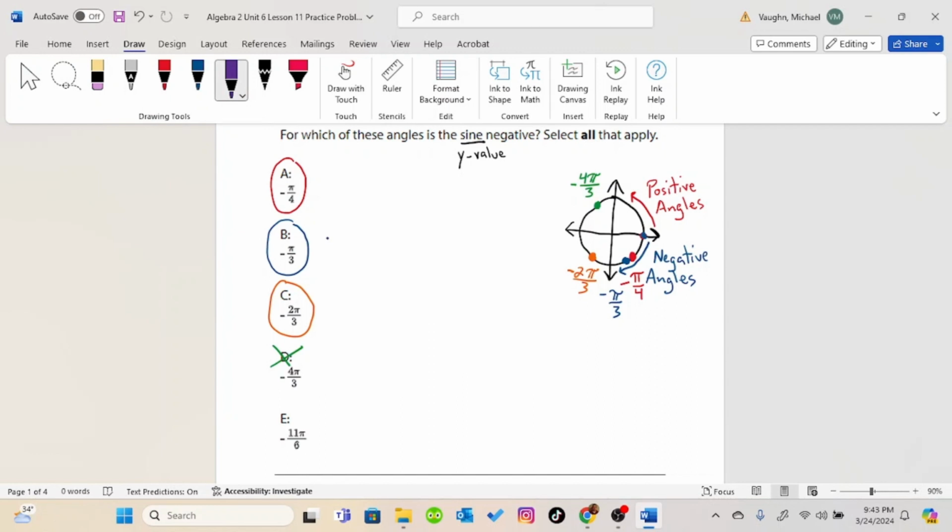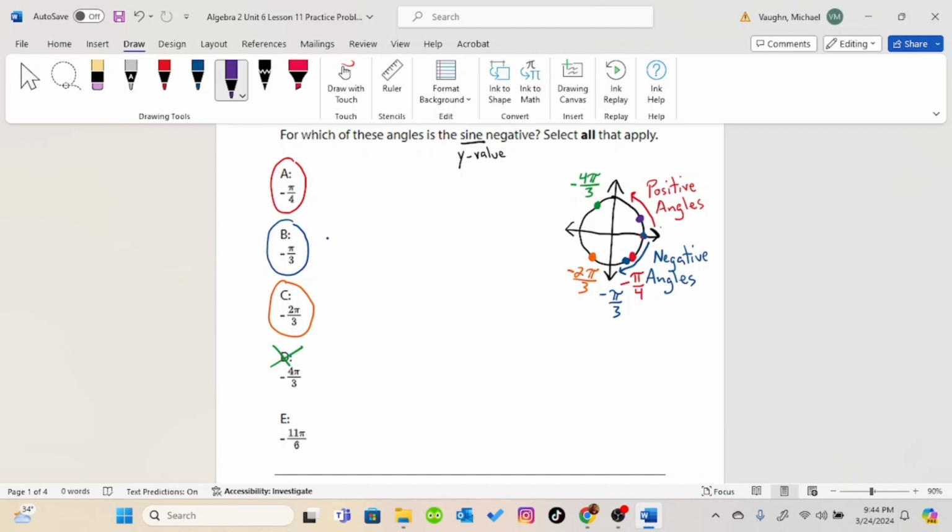And our final point, E, this is negative 11/6 pi. So the negative says we're rotating clockwise. Going 6/6 would take us to pi. And then we have another 5/6. So we almost complete a full rotation.